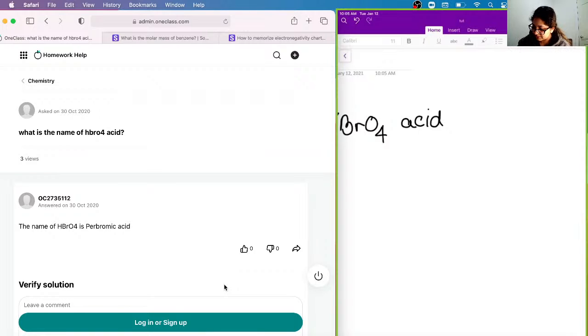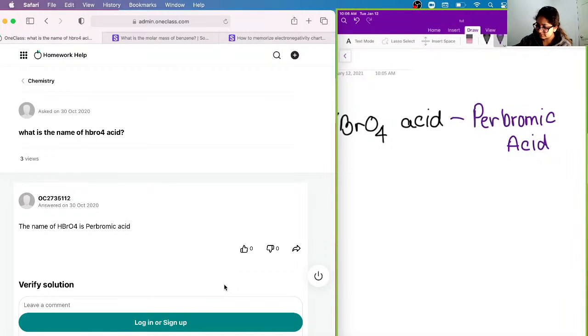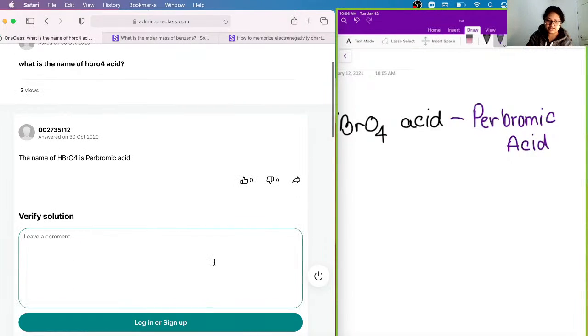Bromic comes from the BrO4, and per is from the oxygen. So this is correct.